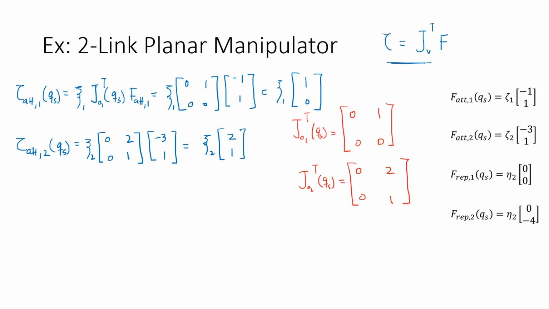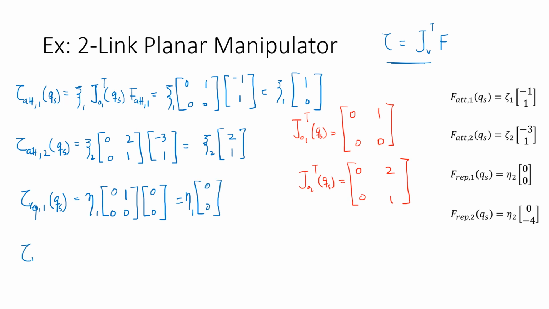And then I can simply compute the repulsive torques as well on O1 in the starting configuration. This is going to be equal to eta 1 times JO1 transposed, which is 0, 1, 0, 0, times, actually the repulsive force is already 0 on joint number 1, so this is going to be 0, 0 over here, and that obviously is going to produce eta 1 times 0, 0.